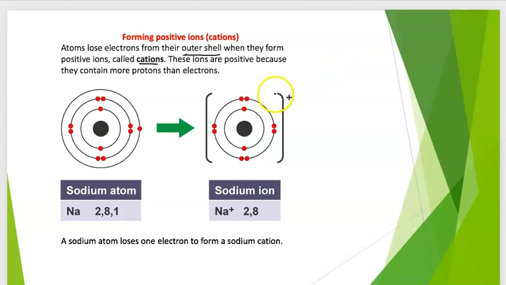An example of a cation, which I've already mentioned, is sodium, because sodium has 1 electron in its outer shell. It gives that out and becomes Na+, in which case it will have an electronic configuration of 2,8. It will get rid of this one here and become 2,8, and that is an example of a cation.